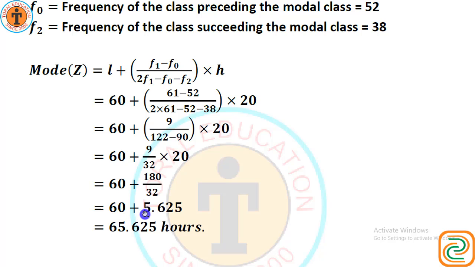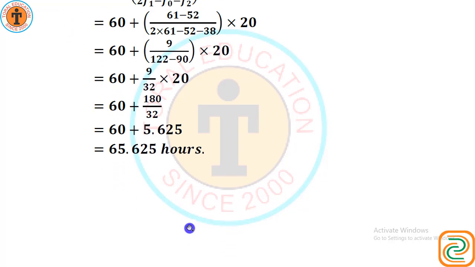Therefore 60 plus 5.625. If we divide 180 by 32, we will get this. Practice division, multiplication, addition, subtraction. Then 60 plus 5.625 is 65.625 hours, the mode of this data.